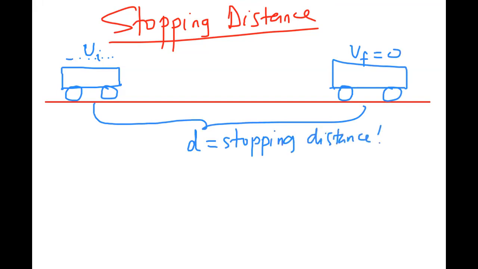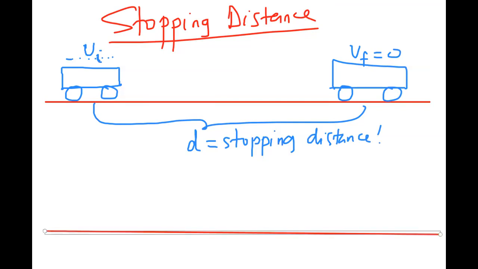Now, the question is, what if I double the velocity that I start with, maybe VI to twice VI? What will be the stopping distance? Something that we need to think about carefully here, because it's very important if you think about application of the work energy theorem to everyday life.